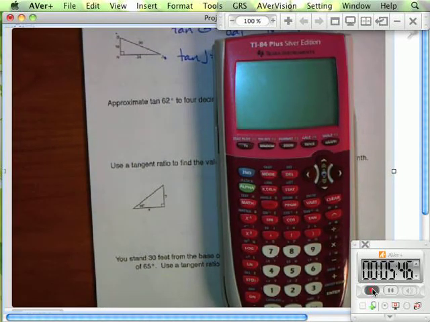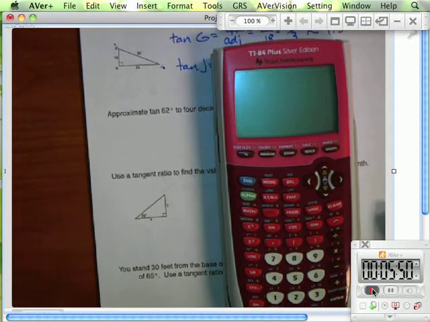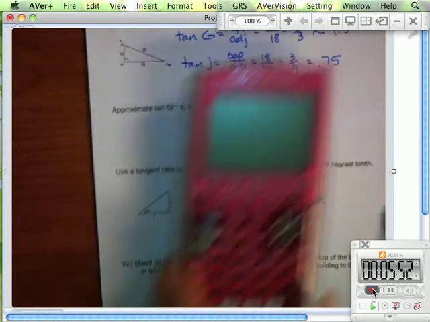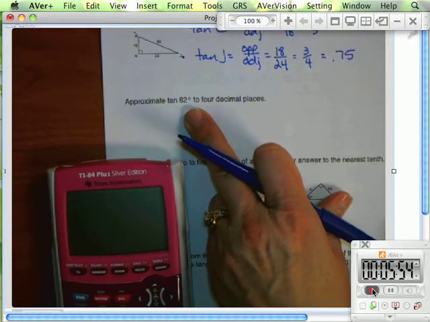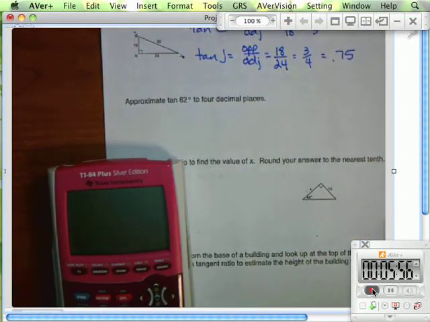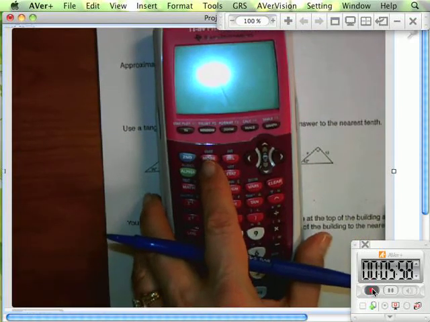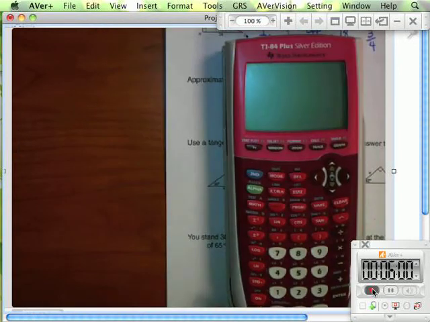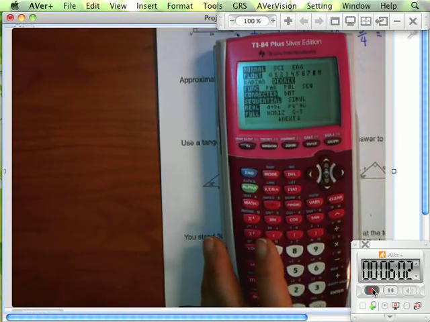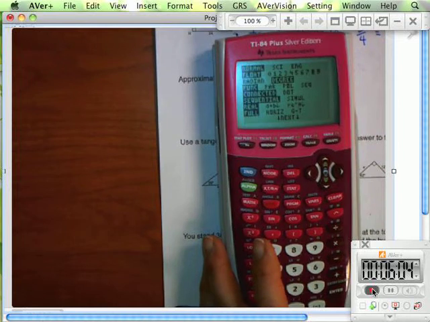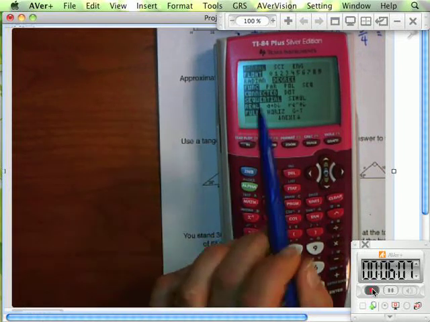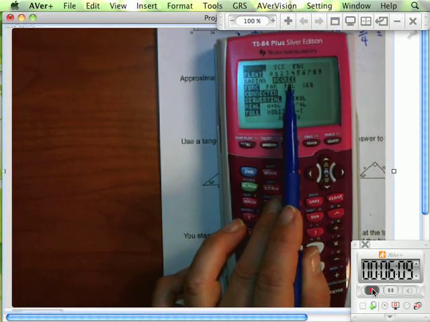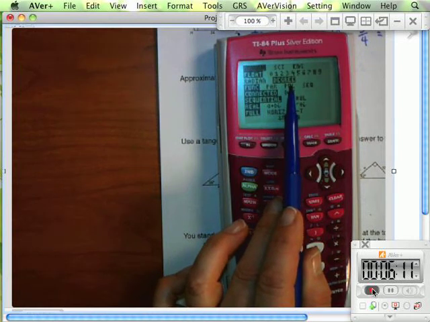It's TAN. You see it? If you have a graphing calculator, it's important that we enter a degree here, so you have to tell the graphing calculator that. Go to the mode button and put it on degree. You see degree? Because we're going to put a degree into the calculator.